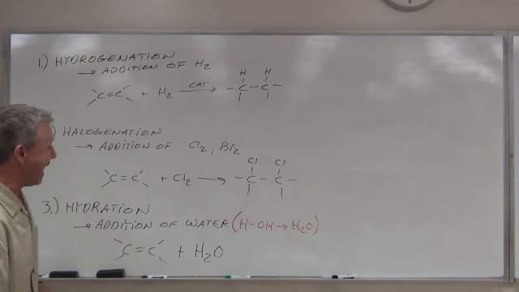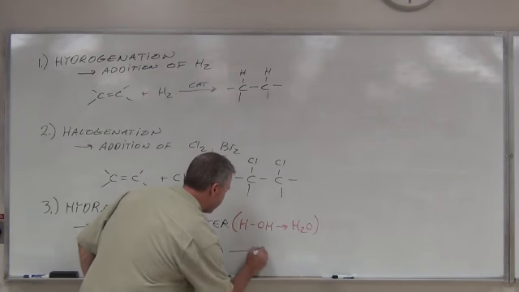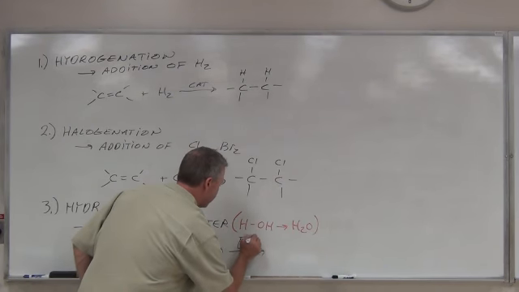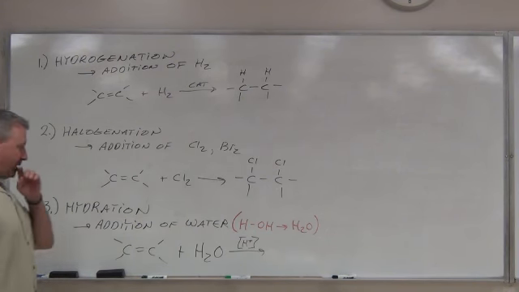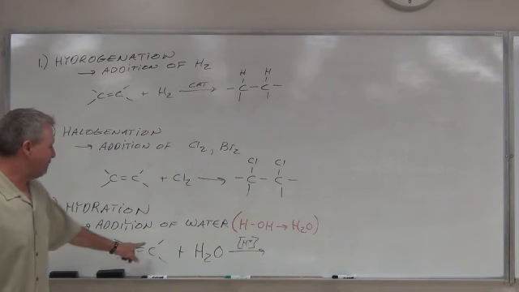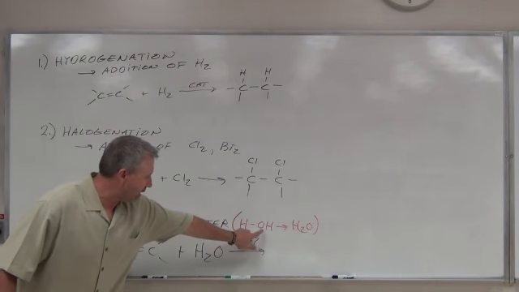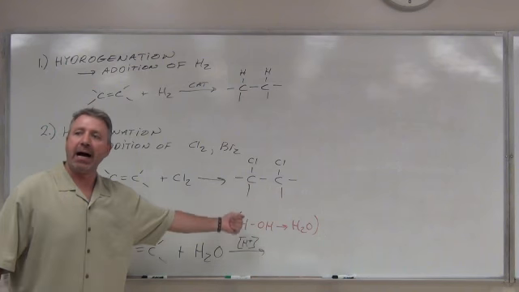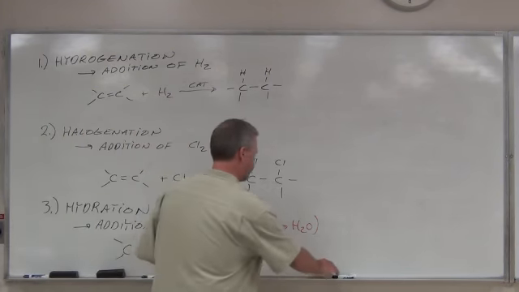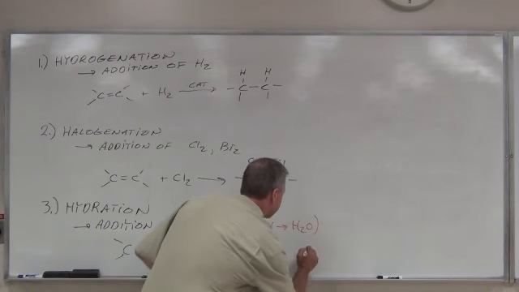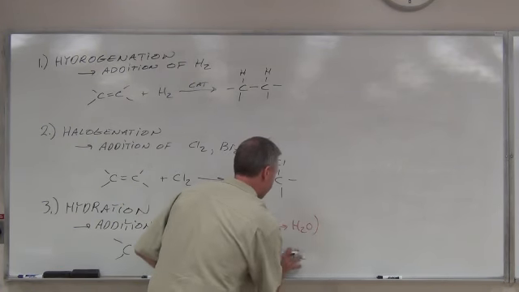This will require an acid catalyst. Notice from our lecture last time, H plus, brackets. The brackets mean molar concentration. This is acid catalyzed. And because we think of water as H and OH, we add a hydrogen to one of the carbons and an OH to the other carbon. And our product looks like this.